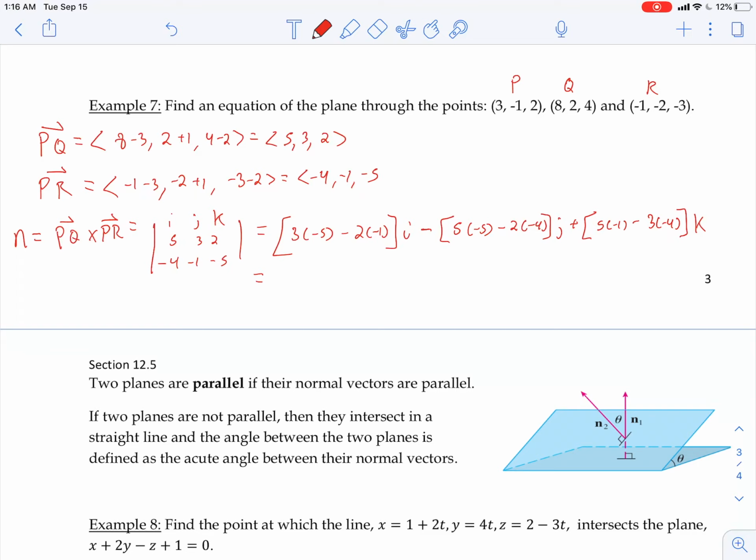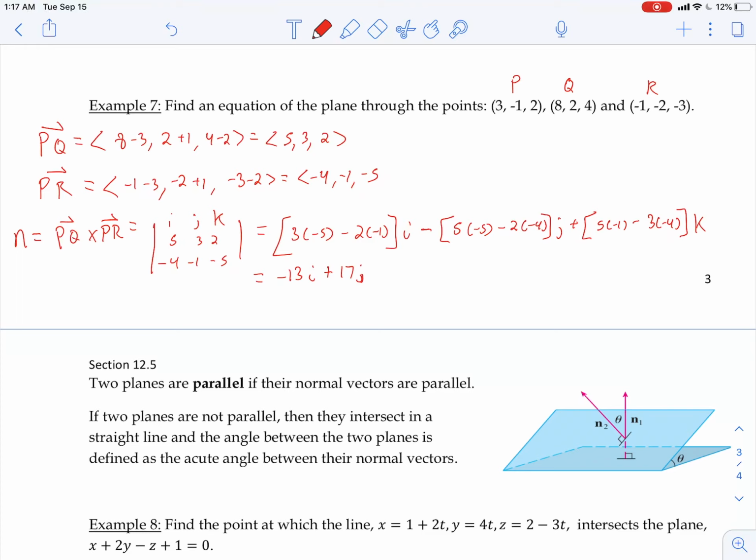Okay, and now we're going to do the math. So we get -15 plus 2, so we get -13 i. And then 5 times -5 is -25, 2 times -4 is -8, so plus 8, so -25 plus 8 is -17, but then times a negative outside, so it's going to be plus 17j.